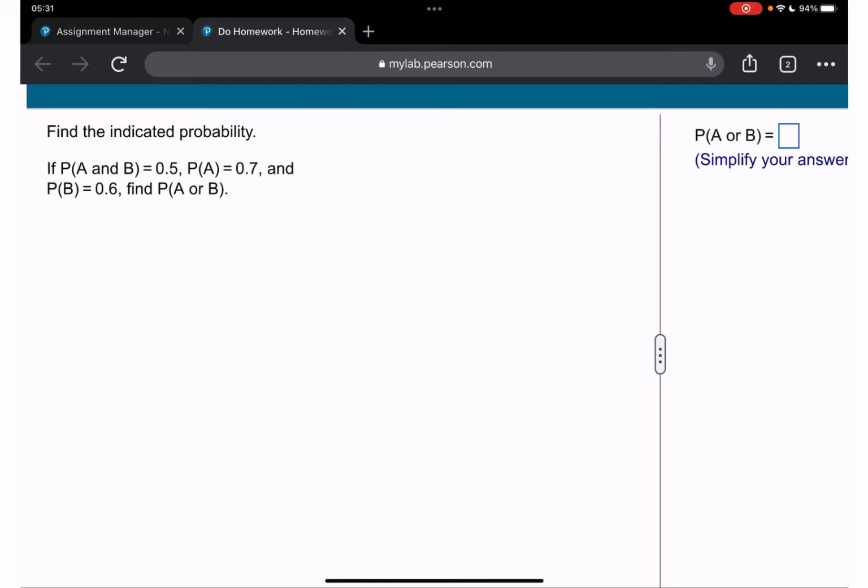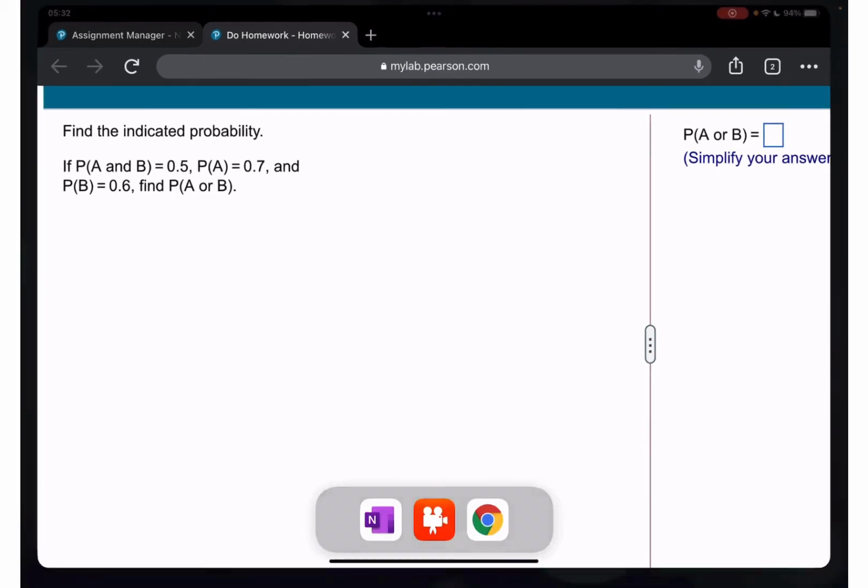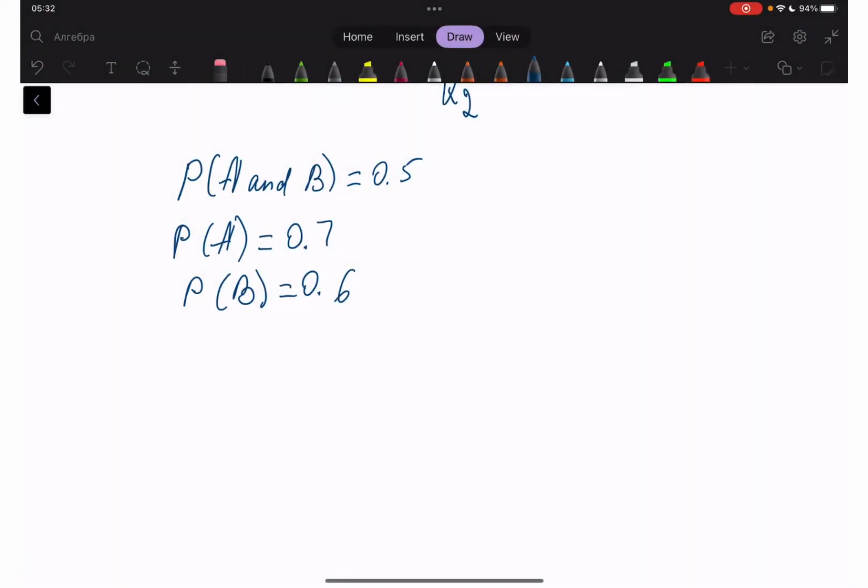First of all, let me explain what probability A and B and probability A or B mean. Let me bring an example. When I'm saying what's the chance that both events will happen, which means and, sun will shine and we will see rain at the same time. That's and, right?